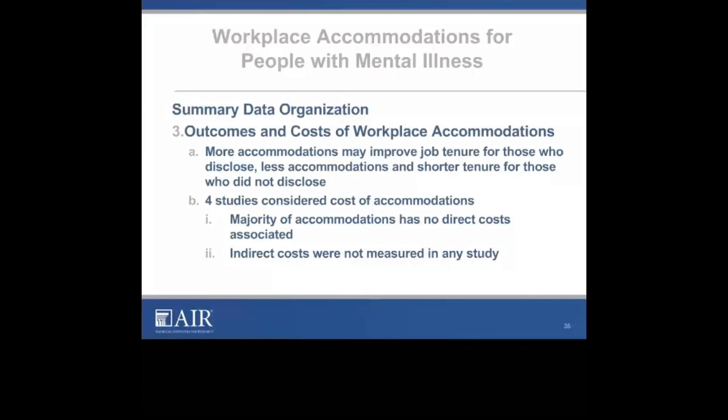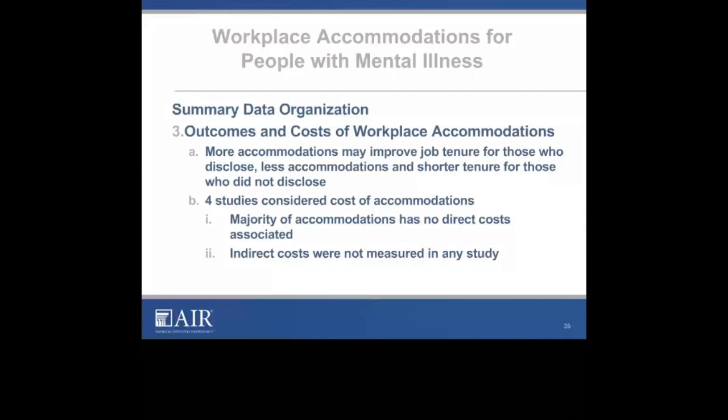In the outcomes part, interestingly, I thought anyway, most of the accommodations that improve job tenure, that is, for those who disclose, there's less accommodations and shorter tenure than for those who didn't disclose.